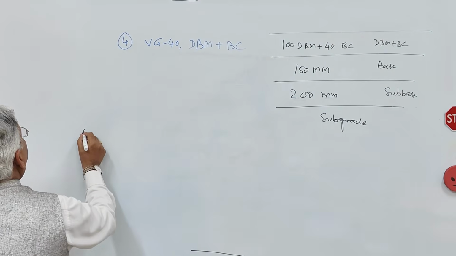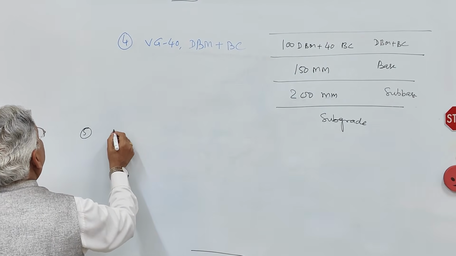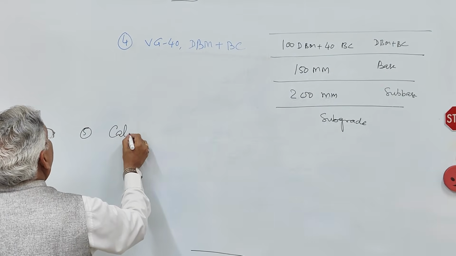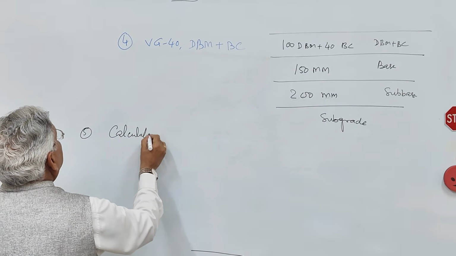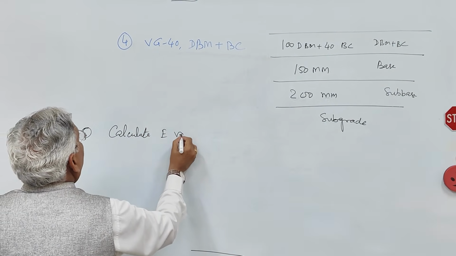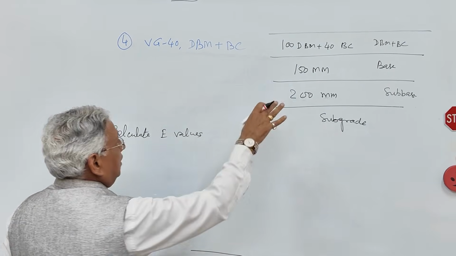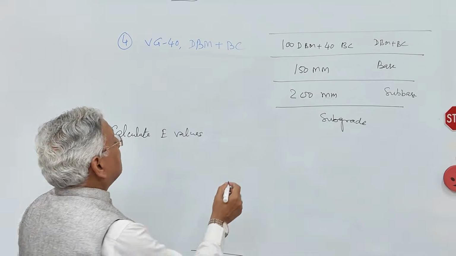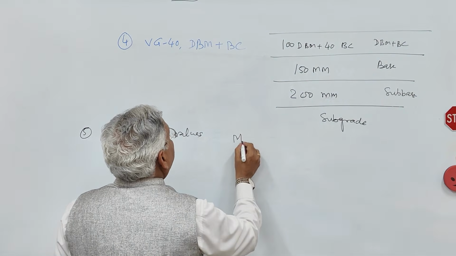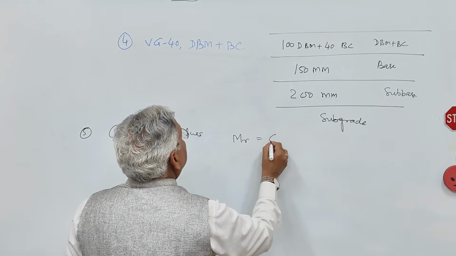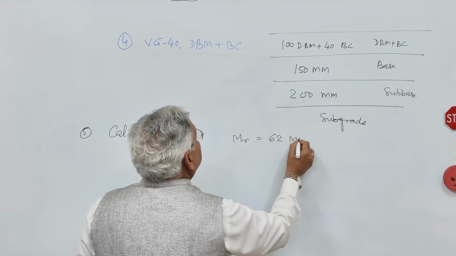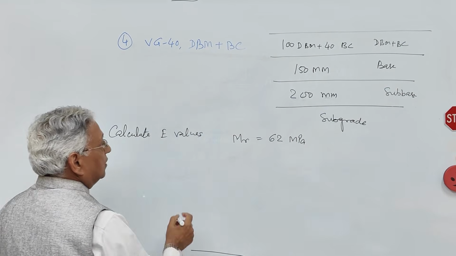The fifth step is the calculation of the E value, or modulus of resilience, for each layer. For the subgrade, the E value you have taken is 62 MPa, based on CBR.